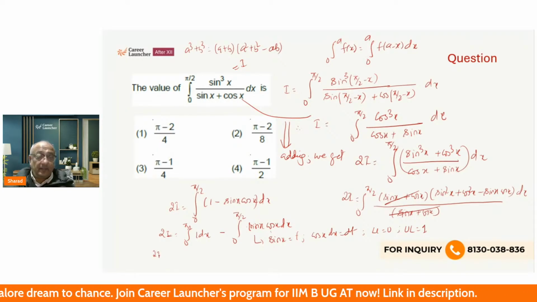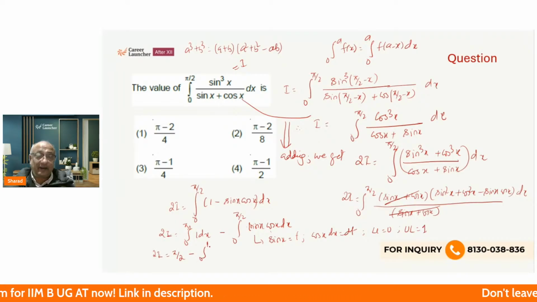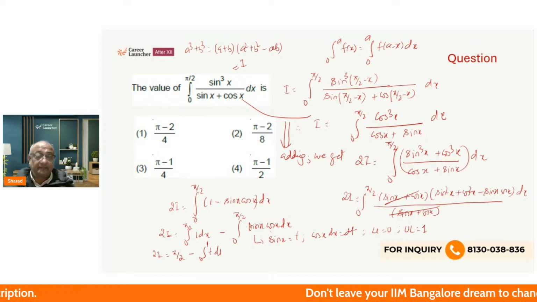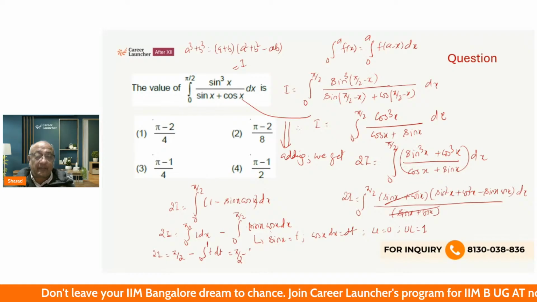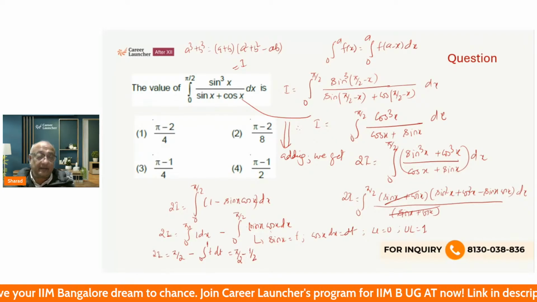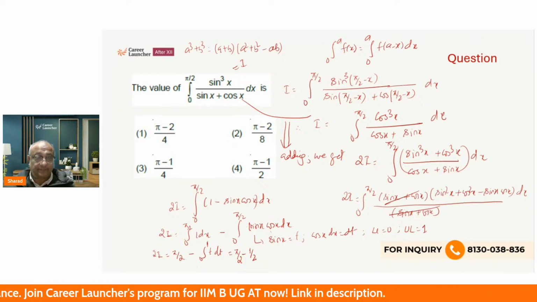So 2I is equal to, the first one is simple, pi by 2 minus integral 0 to 1 of t dt. If I solve it further, I'll get pi by 2 minus t square by 2, so this value will be 1 by 2. So what is the answer I am getting?